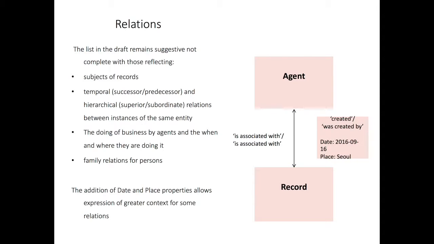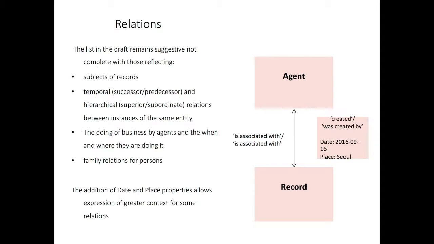Also, each of the record, agent and business entities are explicitly related with other instances of the same entity over time with "is successor of" and "is predecessor of" relations, as well as being related hierarchically as appropriate for the entity, such as between records and record sets, one being a member of the other, or between superior and subordinate agents, for example.